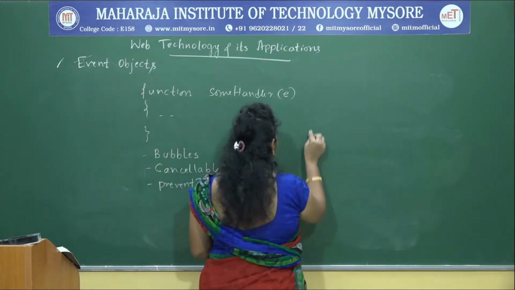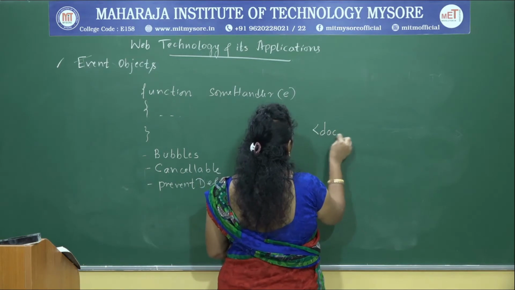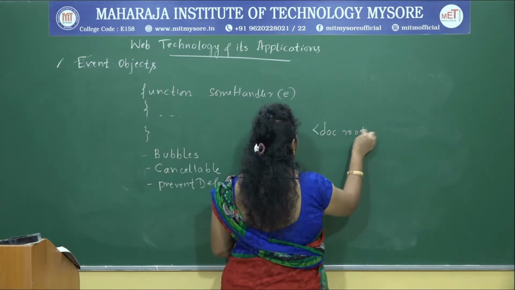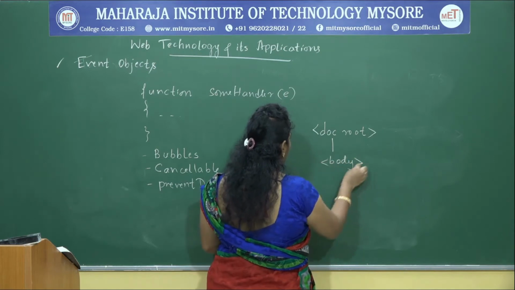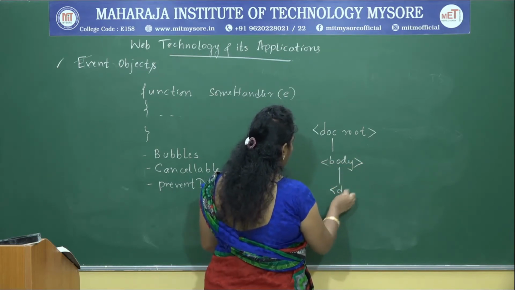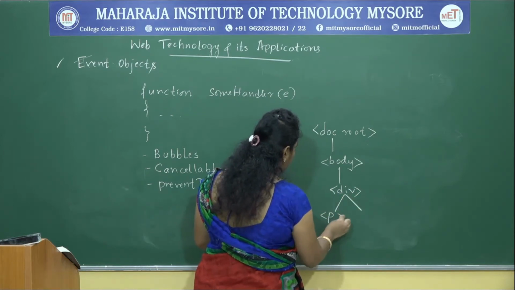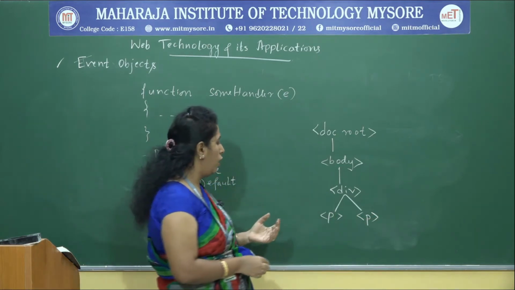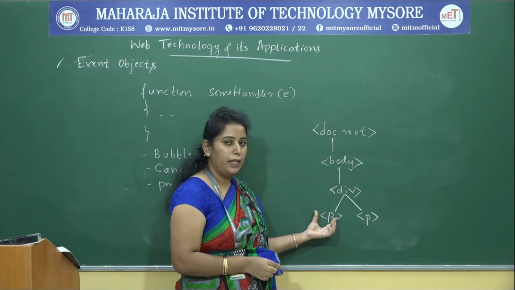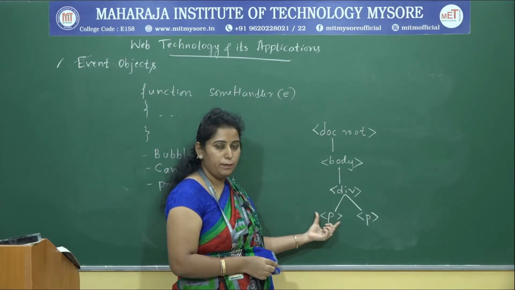For example, this is the document root, which has body. Inside the body I have a div. The div has two child P elements. Now assume I am setting the event handler for P.